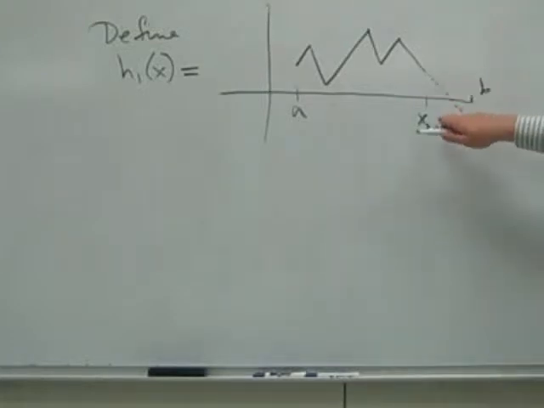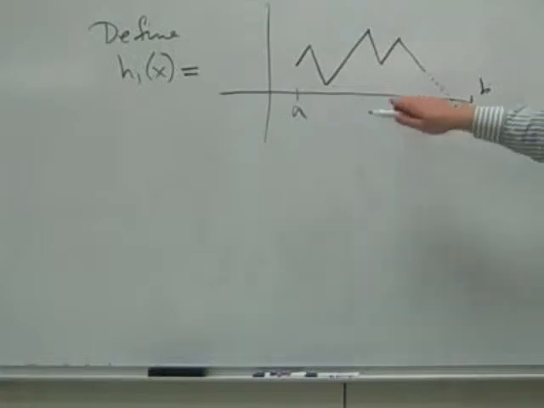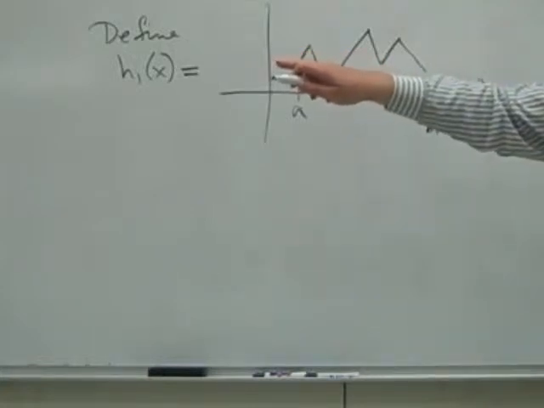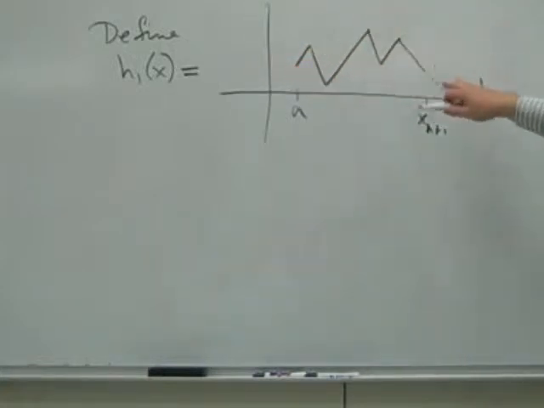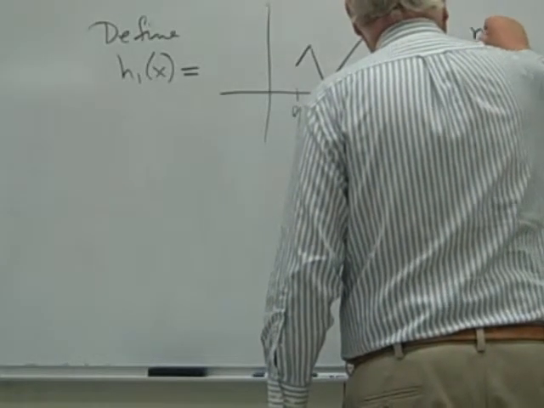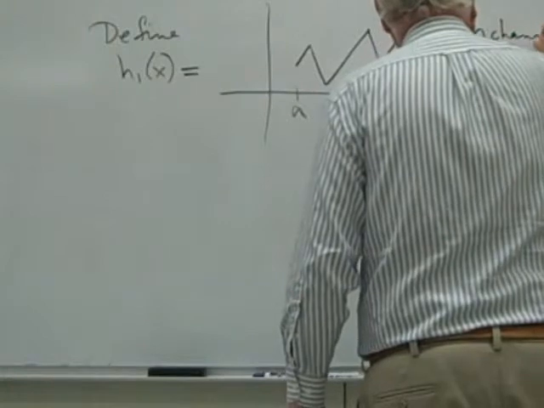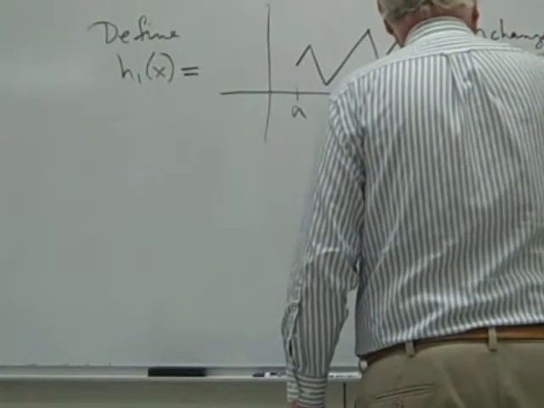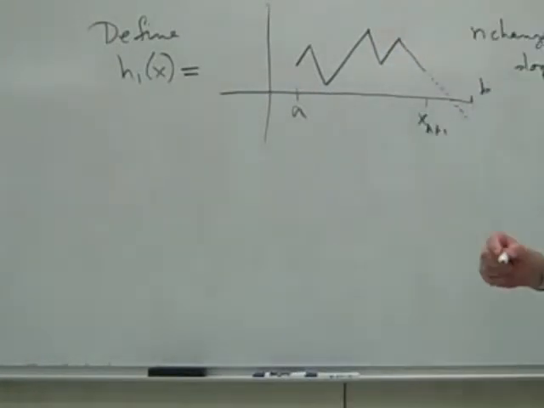So I'm now missing the change of slope that occurred at xn plus 1 in this picture. So this has n changes of slope. Of course, it's not the same function, but it is the same function as far as xn plus 1.